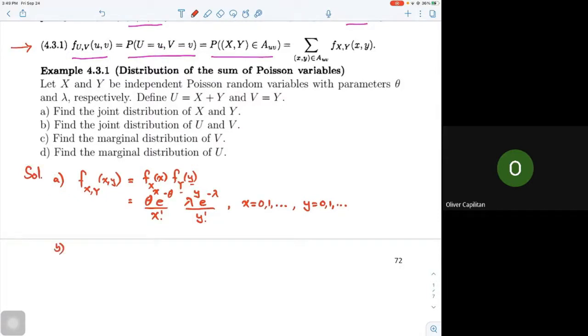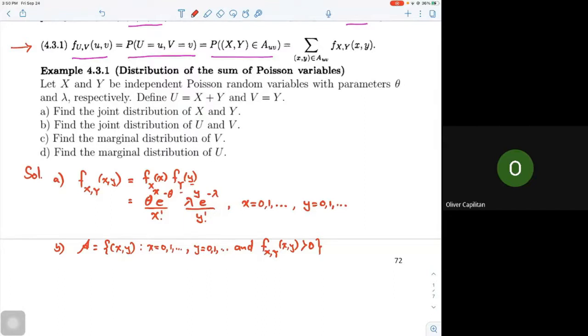Our script A is the set of all ordered pairs X, Y such that X is 0, 1, and so on, Y is 0, 1, and so on, and the joint PMF should be positive. That's given.